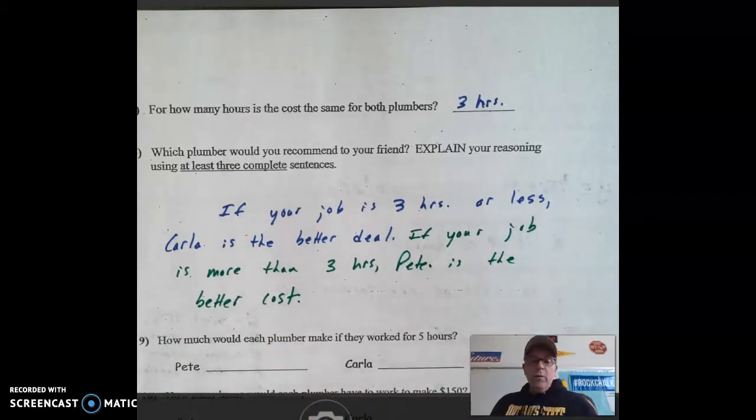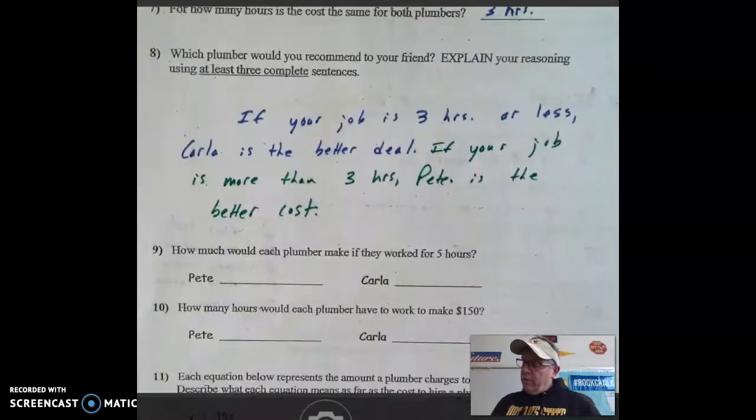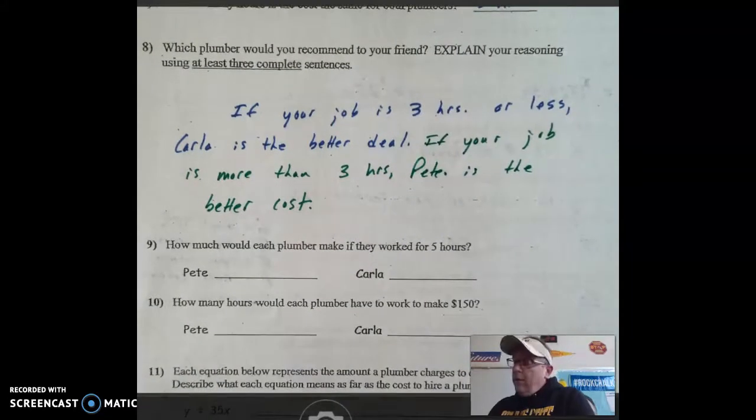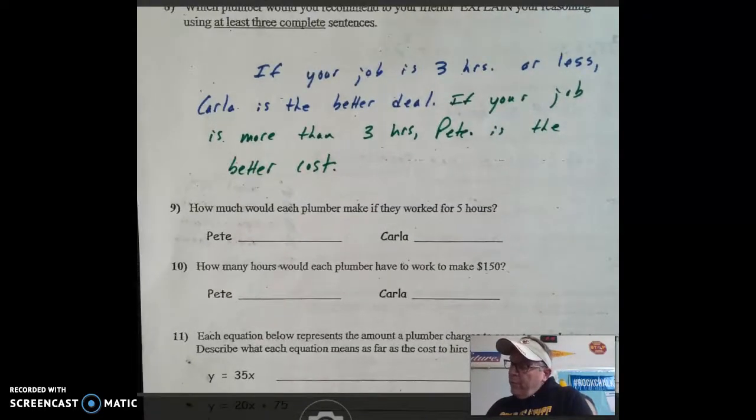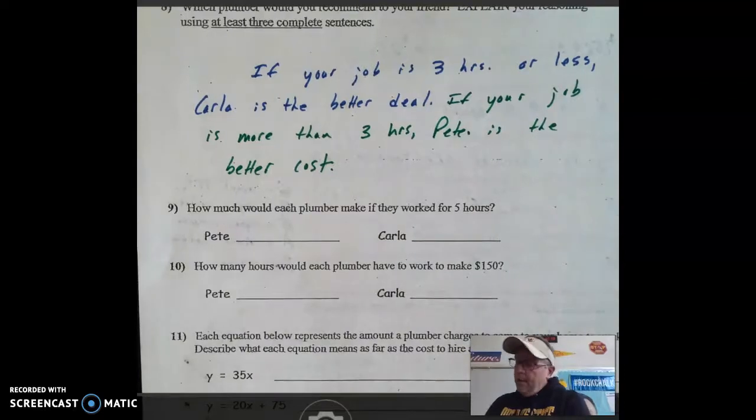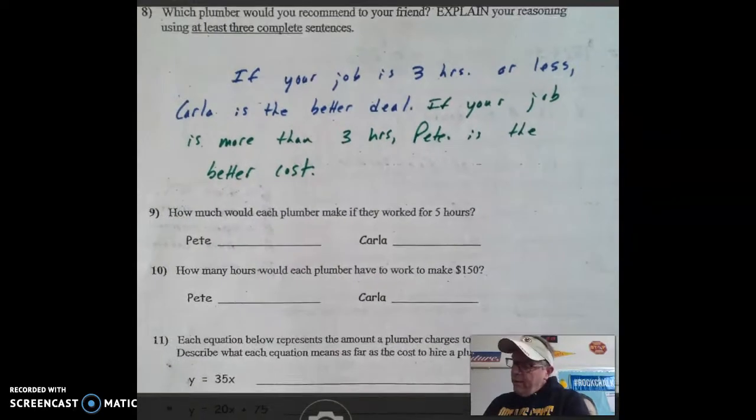Okay, so what we're going to do now is we're going to use those linear equations and solve these problems. This is going to give you a chance to plug it in and solve for the equation. How much would each plumber make if they worked for 5 hours? So let's do Pete first. I'm going to go ahead and do my work out to the side here.